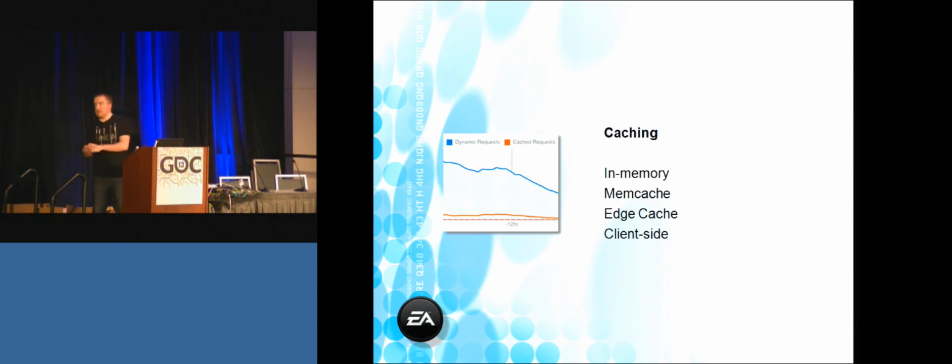There are different techniques to cache, in different layers. First, I'll talk about in-memory caching. This is very limited, because keep in mind that you have multiple instances running that host your applications. In-memory caching is not distributed across those instances, so it's very limited.